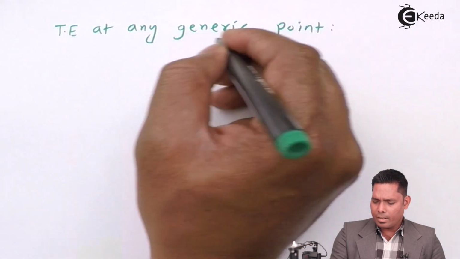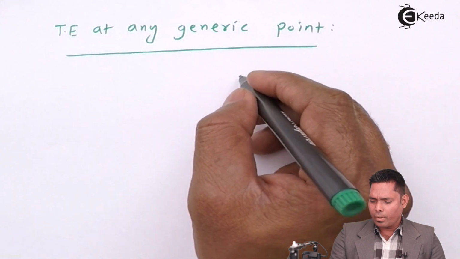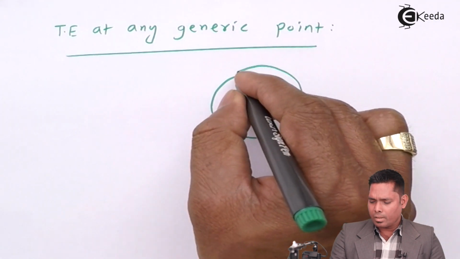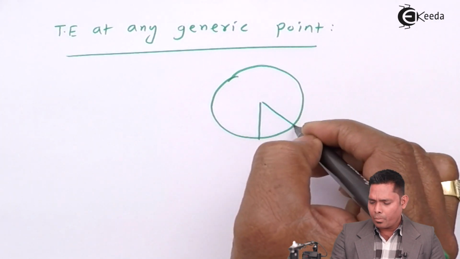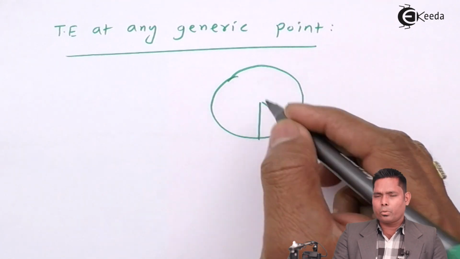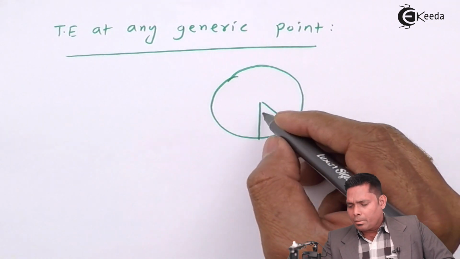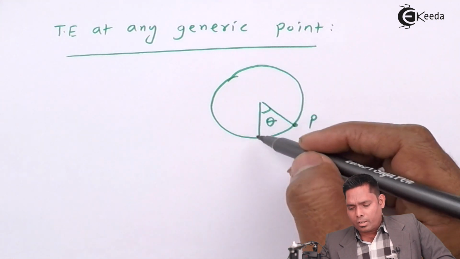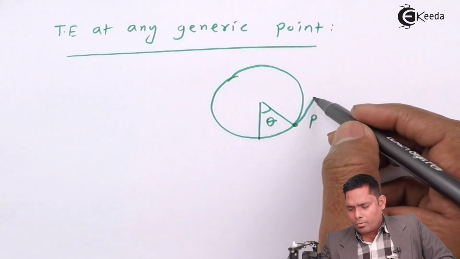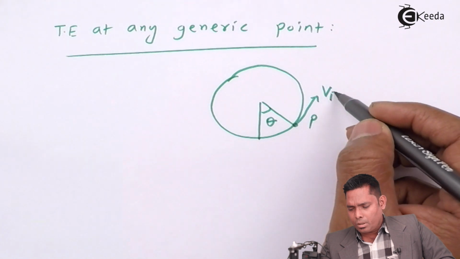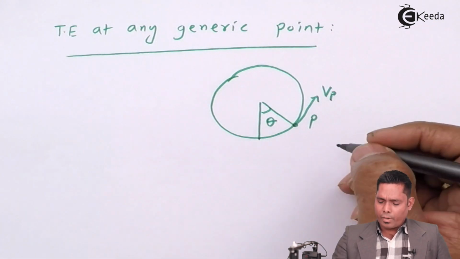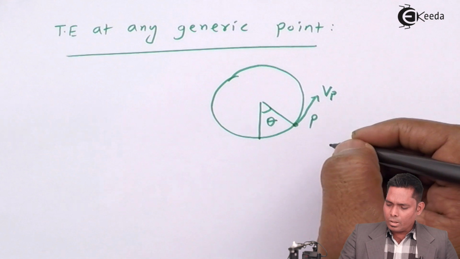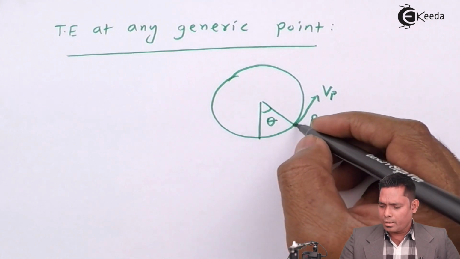Suppose I have a circle like that and a point here which is not the midpoint, lowest point or highest point, any point making an angle theta with respect to the vertical. At this point the velocity is Vp, and I want to find the total energy here.